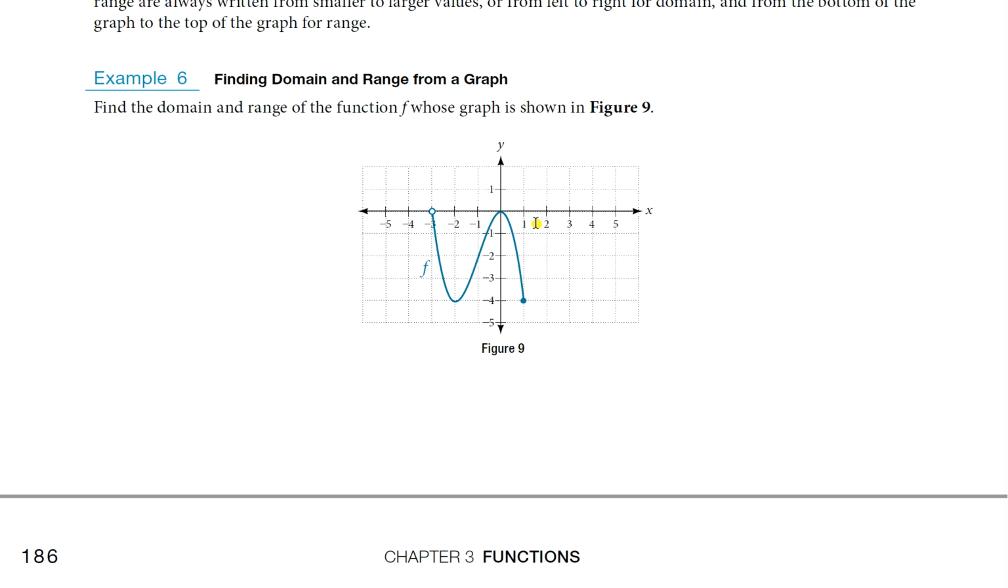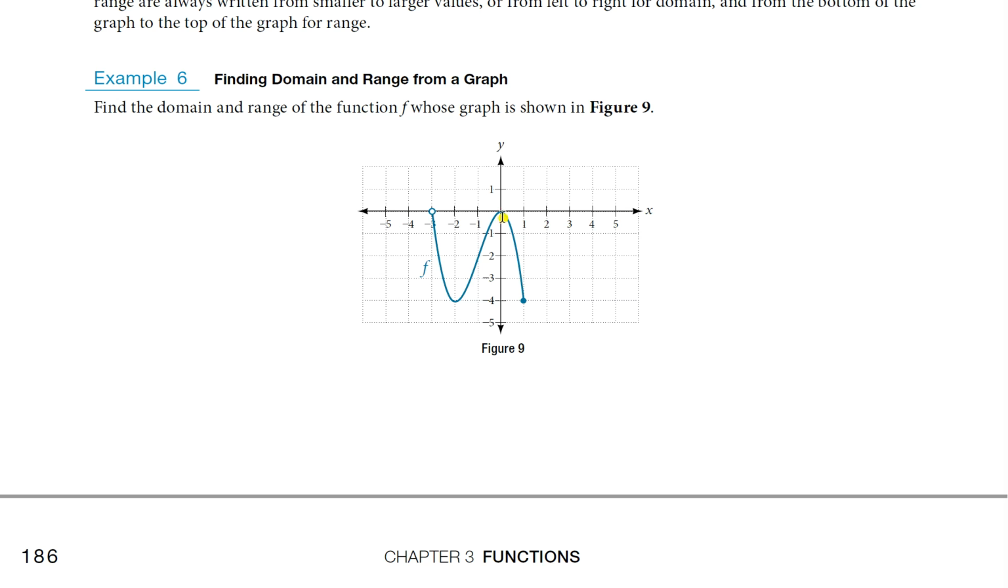And what's the range? The range is along the y-axis. We have values, is 0 included? Well, at -3, the y-coordinate is 0 for this empty dot, but the function is not defined at -3. So we have to look along the x-axis. Is there a full dot somewhere? And there's actually one here at the top of this curve here.